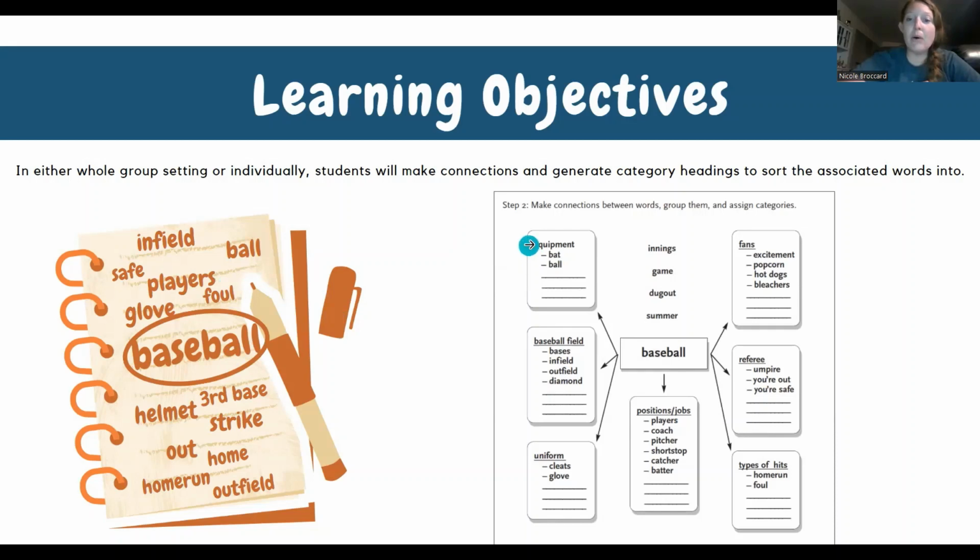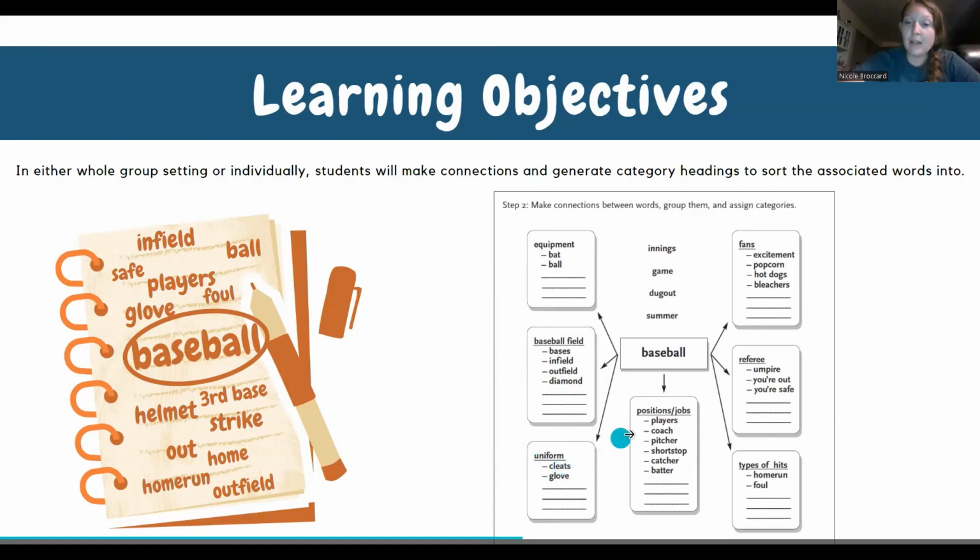Bat and ball are both pieces of equipment that would go under the equipment heading. Bases, infield, outfield, and diamond are all part of the baseball field. Cleats, glove, helmet, these are all parts of the uniform. Players, coach, pitcher, shortstop, catcher, batter, all positions or jobs within baseball.